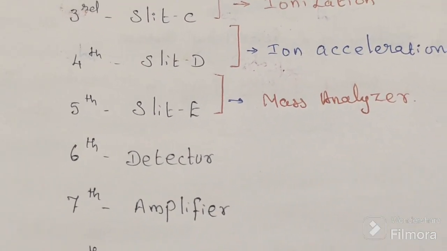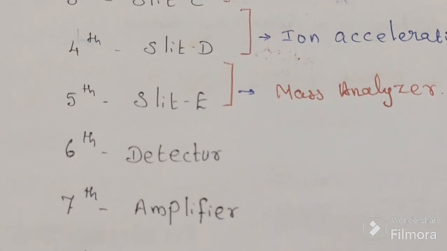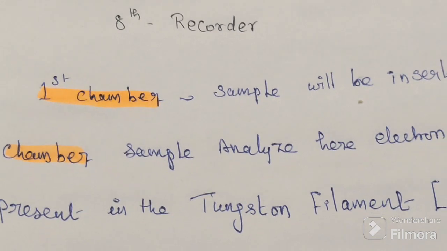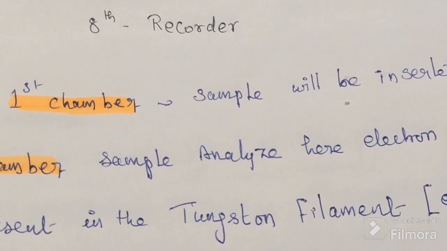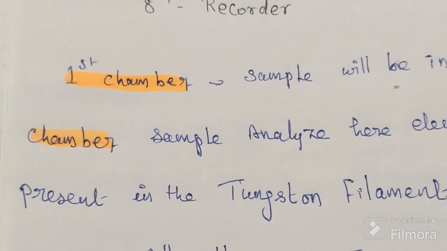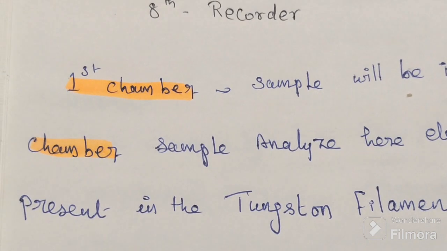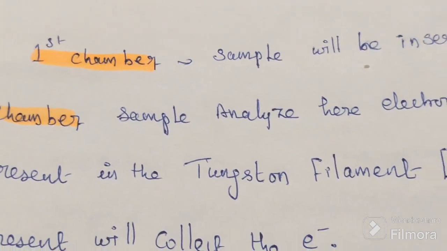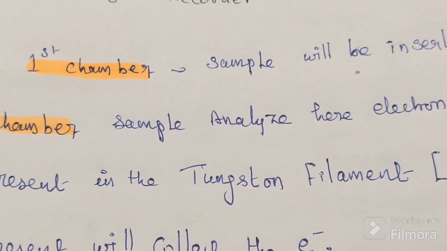After that we have the detector, then the amplifier and recorder. In the first chamber, the sample will be inserted. The sample may be in solid or liquid form.